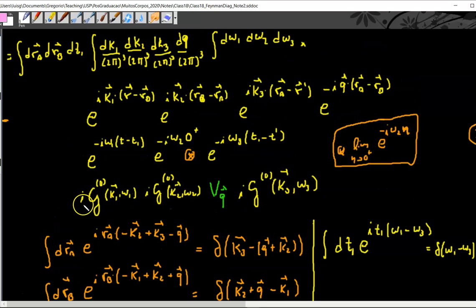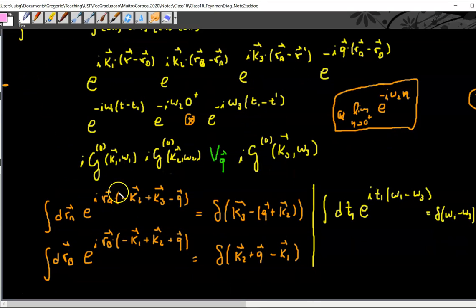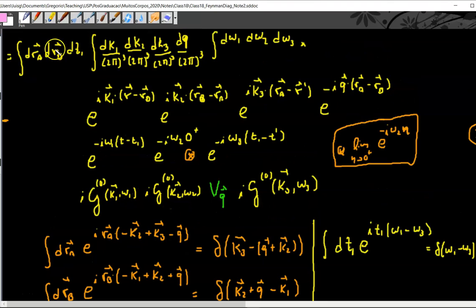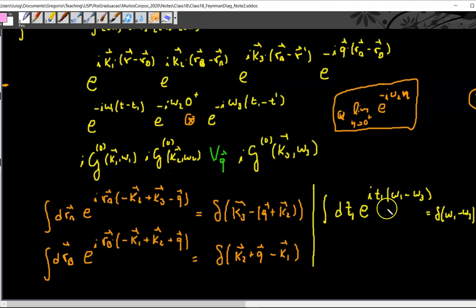So when I perform these integrals in Ra and Rb, I get these delta functions, which say k3 equals q plus k2, and k2 plus q is equal to k1. That's something that we need to keep in mind. The integral in t1 will also give me a delta function.